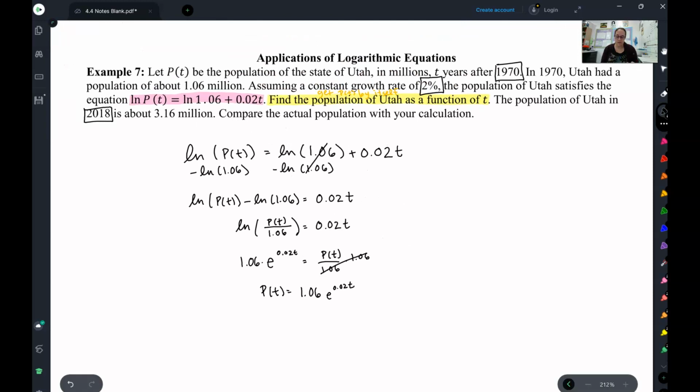So now that I have P of t by itself, now I can look at 2018. So if t is years after 1970, 2018 is going to be 48 years after 1970. So I'm going to plug 48 in for t.